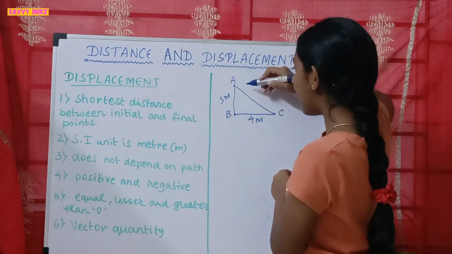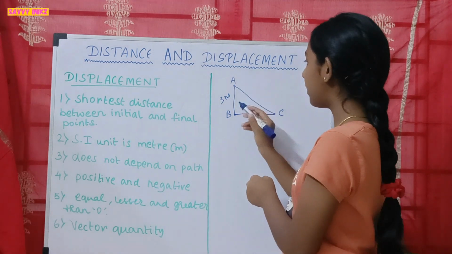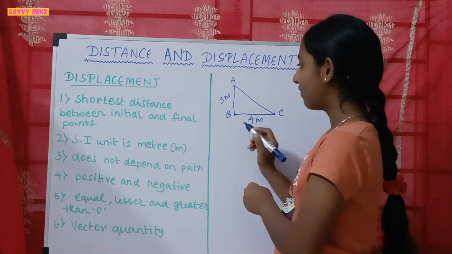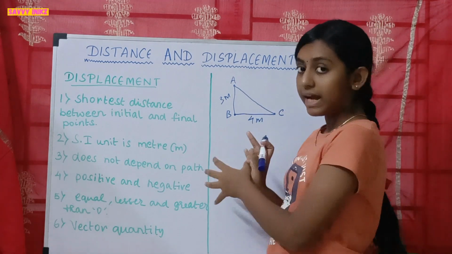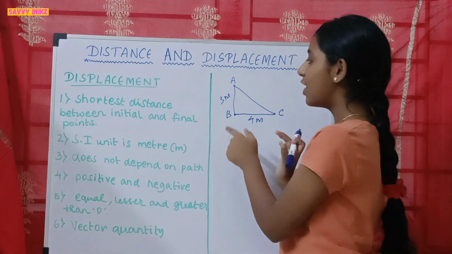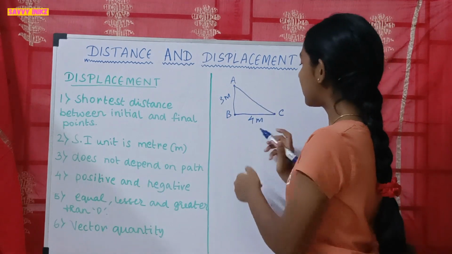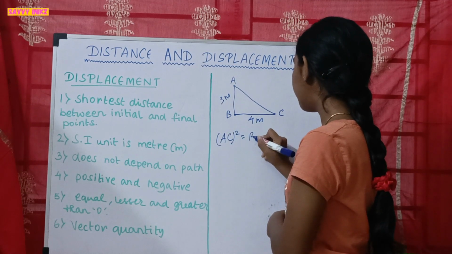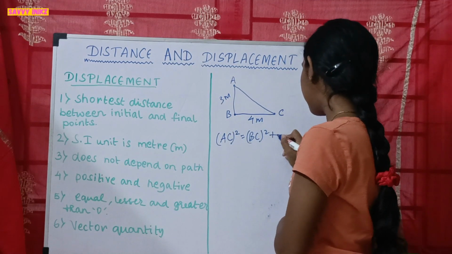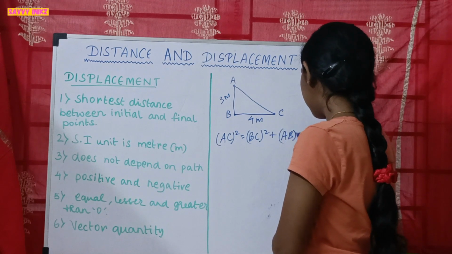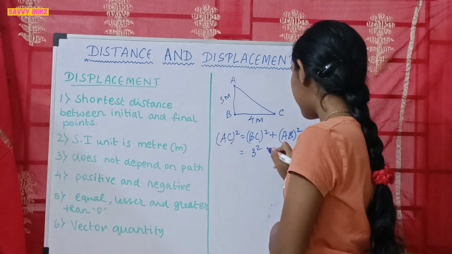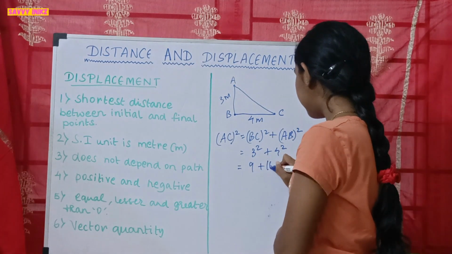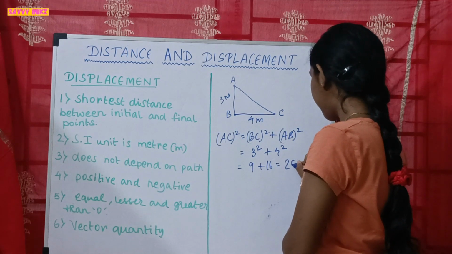So now we can tell that the displacement of A to B and C is A to C. This line is the displacement. Now you can see that it's like a right angle triangle, so we'll find the hypotenuse to find the value of displacement. So hypotenuse, AC squared, is equal to BC squared plus AB squared, which is nothing but 3 squared plus 4 squared, 9 plus 16, which is equal to 25.